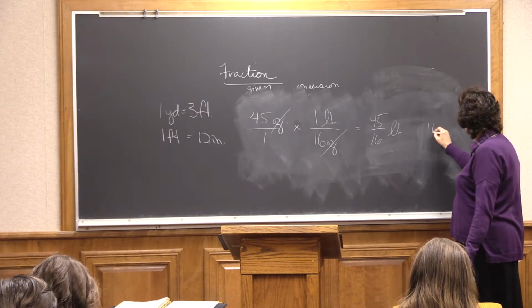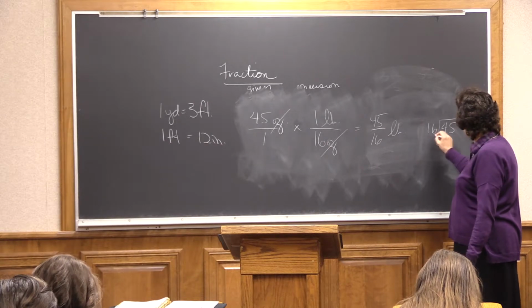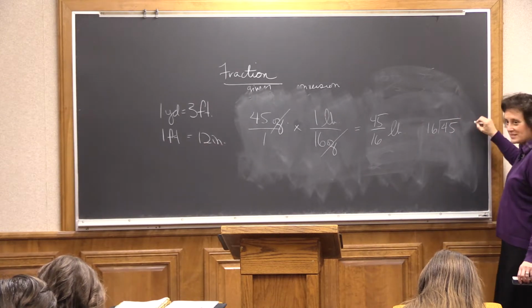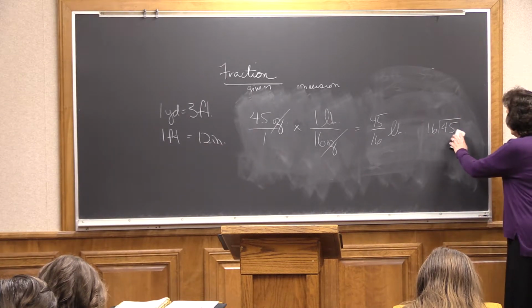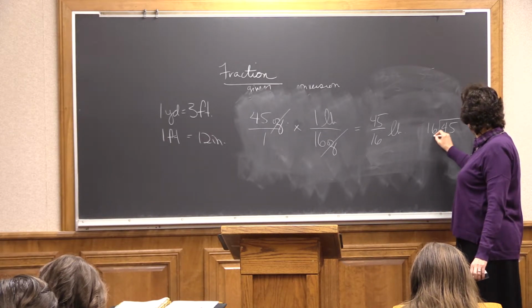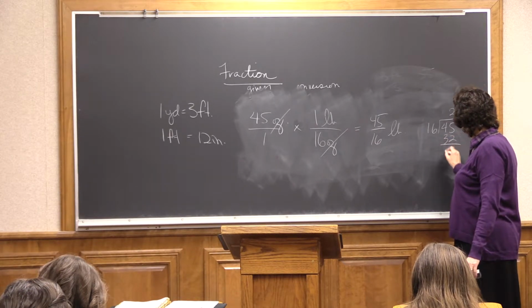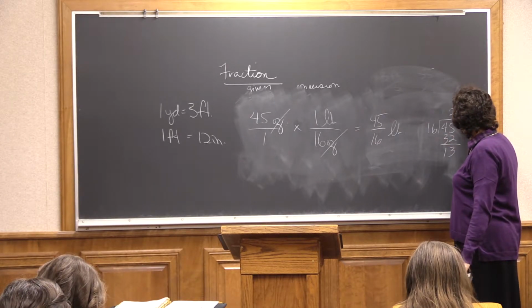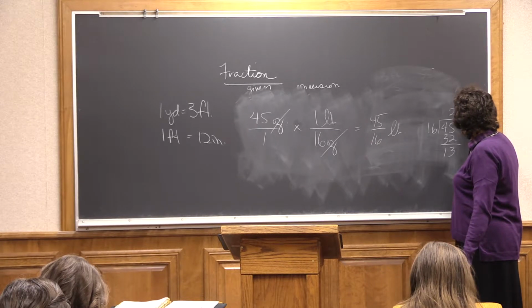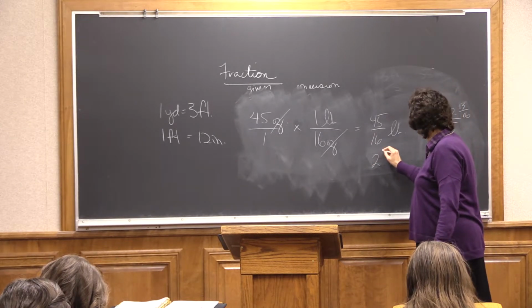I will convert it to a mixed number, not a decimal. Everybody's first impulse is to put the zeros in the decimal. Don't do that. We're going to get the exact answer as a mixed number. 16 is going to go in here twice, which is 32. Oops. 2 13/16 pounds.